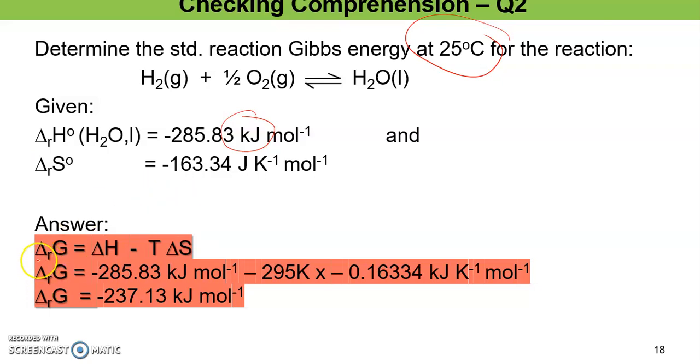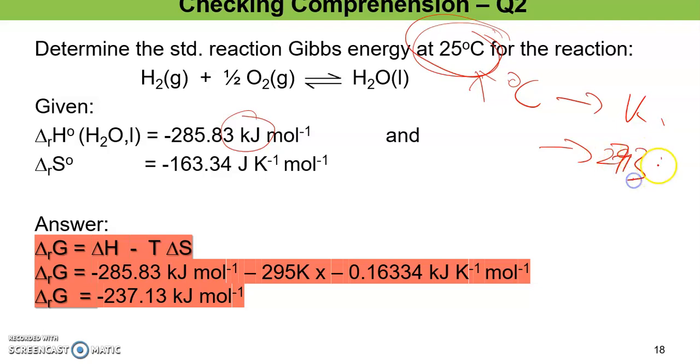So now we have delta G equal to delta H minus T delta S. And again, delta H, we have this one, just substitute it, minus, and then 298 Kelvin. We need to know how to change degree centigrade to Kelvin. The factor is 273 plus the Celsius value.